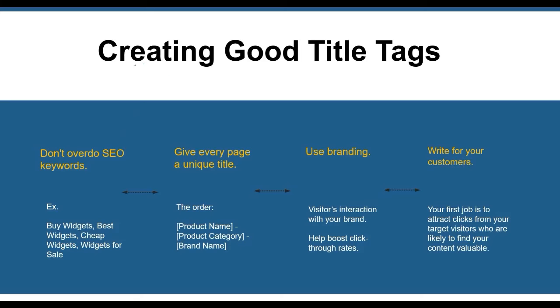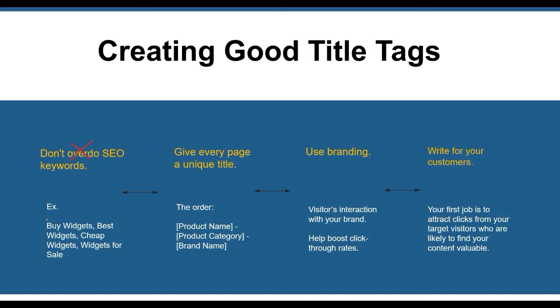Okay, creating good title tags. As we have mentioned before with the meta description, there are bad and there are good ones. So how do we make good ones for the title tags? First, don't overdo SEO keywords. Of course, priority keywords are very important, but we must not overdo them.